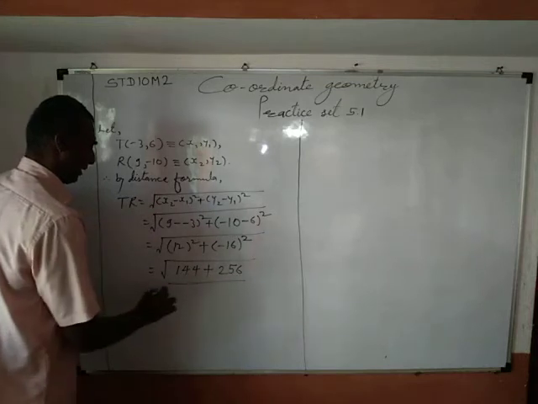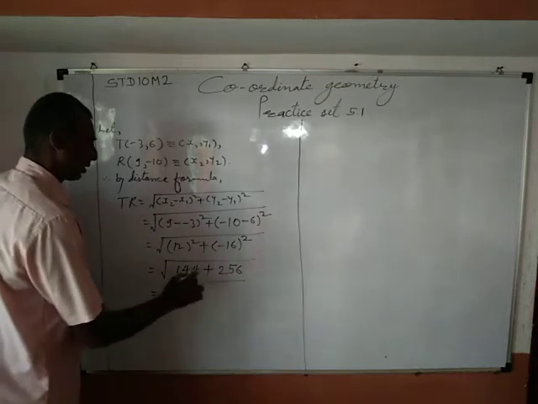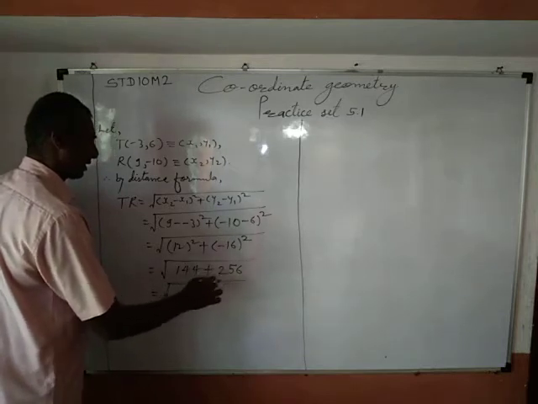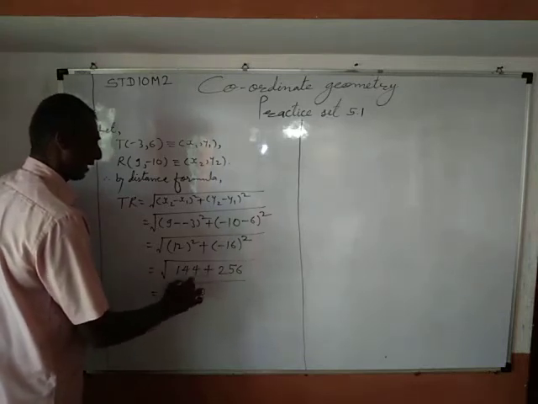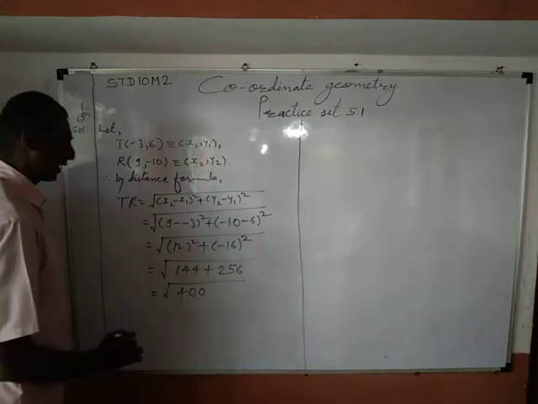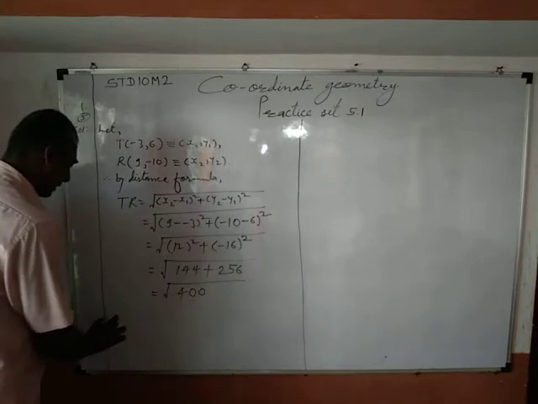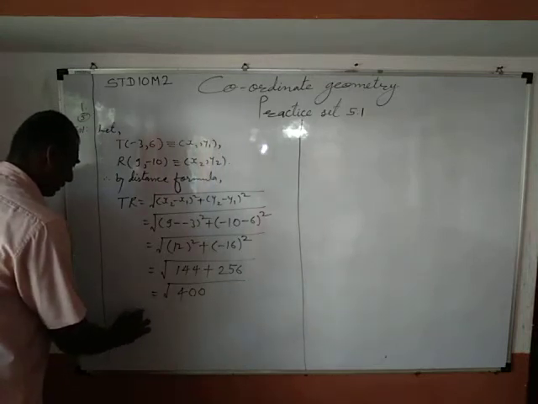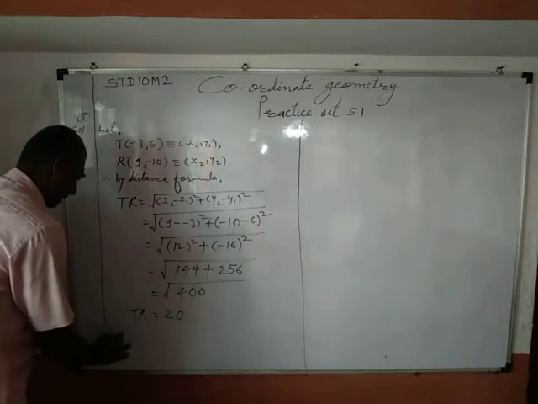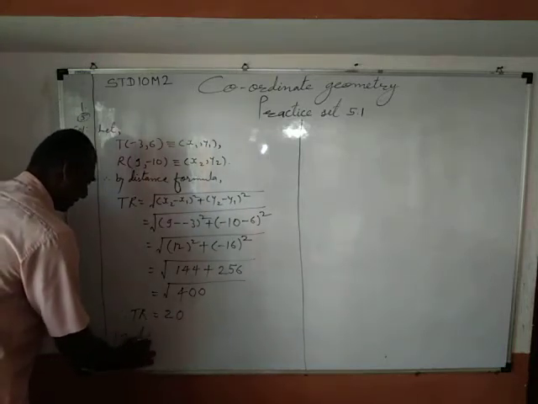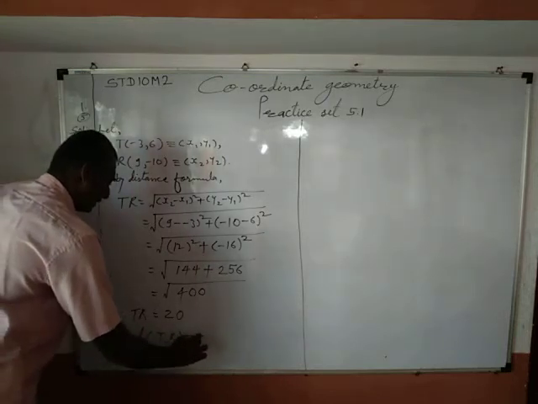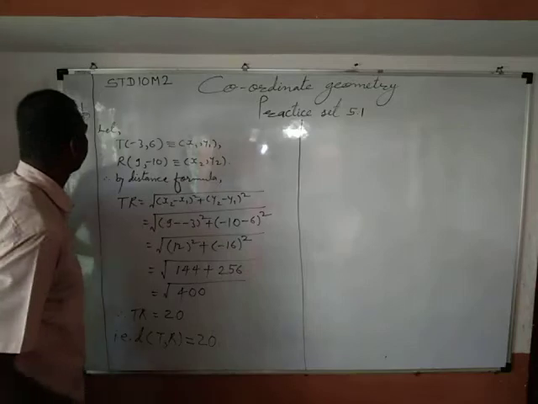Okay, equals under root 400. Therefore TR equals 20. That is, distance between T and R is 20.